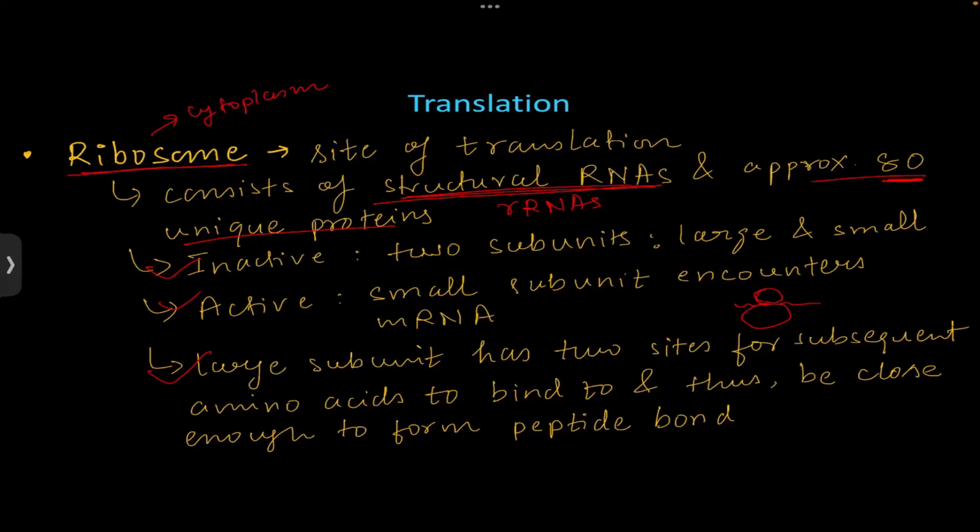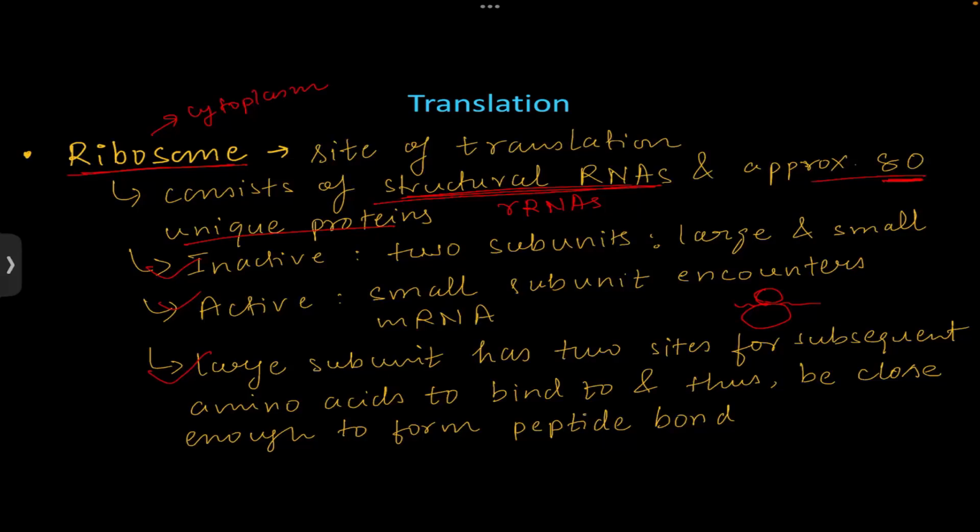When the peptide bond is formed, the first tRNA molecule that came initially leaves, and the ribosome slides forward towards the 3' end. It slides, so it exposes another codon to the empty site. Now one site has become empty, and at that site, another tRNA molecule can come.